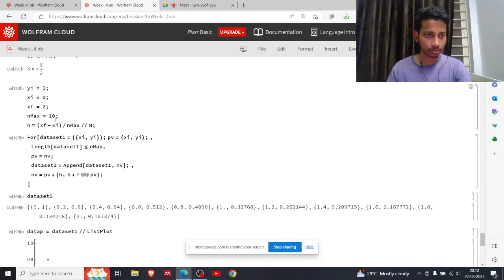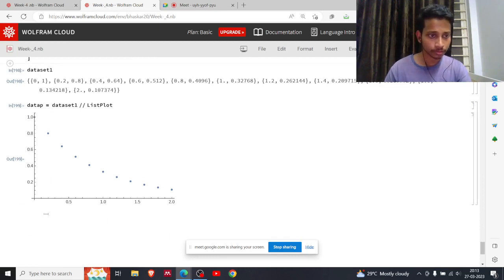Now what we can do is increase n max. So now let's do this 50. Replace this with dataset 2, data p2.